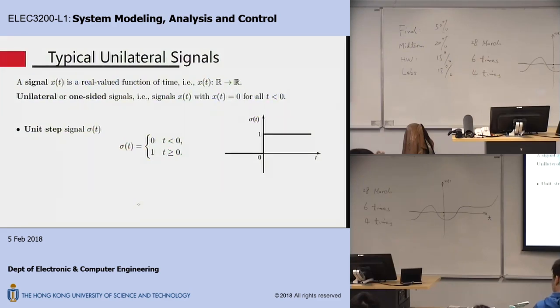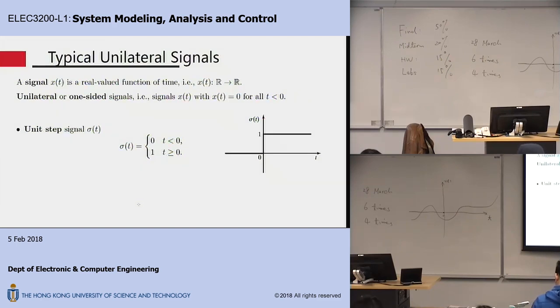Most of the time in this course, we're going to deal with unilateral, or one-sided, signals. That means we assume the signal takes value 0 before time 0. Everything is silent before time 0, and the signal only starts to become non-zero after time 0. So the signal is 0 for all t less than 0, and that's called a unilateral, one-sided signal.